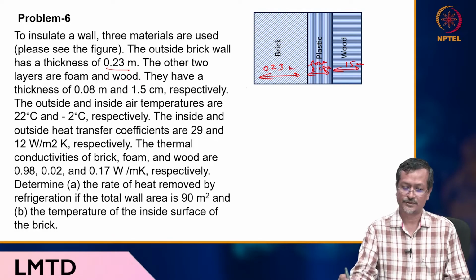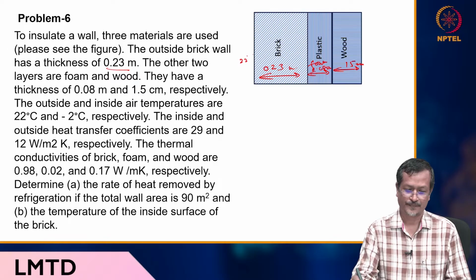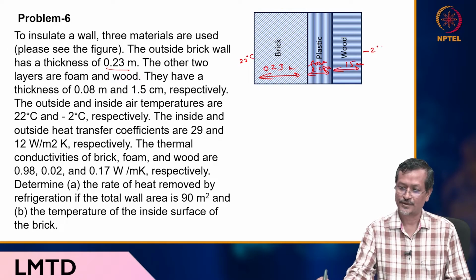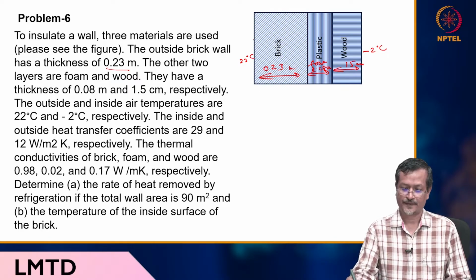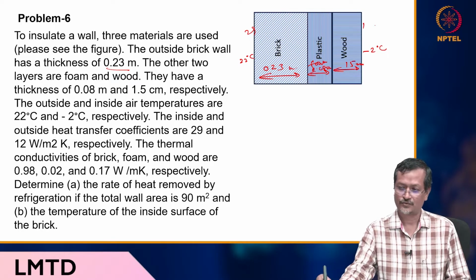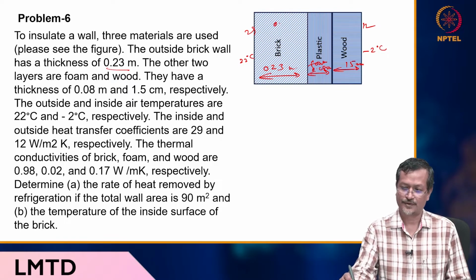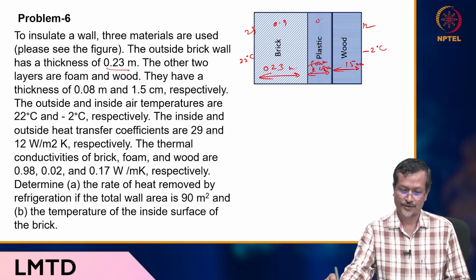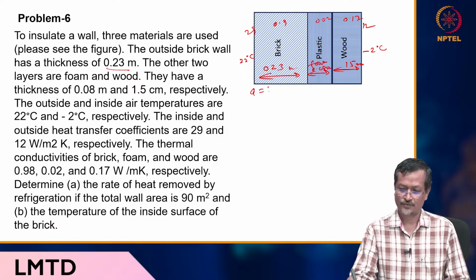Please see the units; it is actually a mix of units. The outside temperature and inside air temperature are given, 22 and minus 22 degrees centigrade. The inside and outside heat transfer coefficients are 29 and 12, and thermal conductivities are brick 0.9, 0.02, 0.17. Determine the rate of heat removed by the refrigerant, Q.